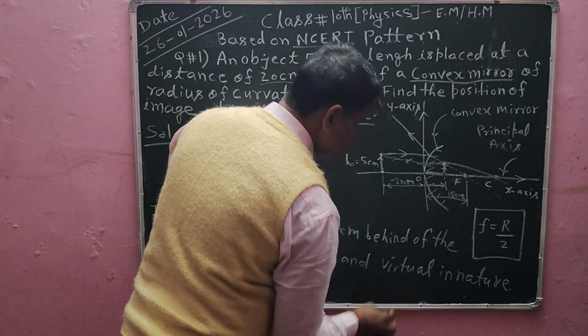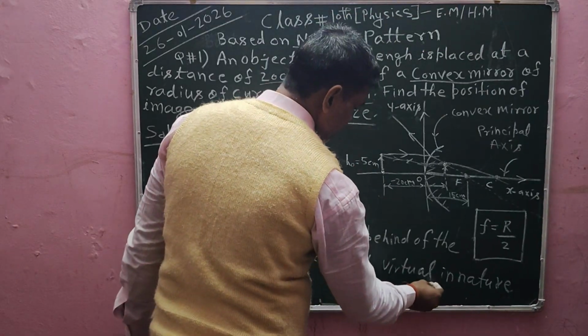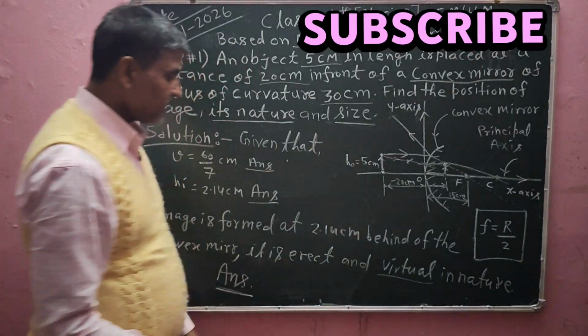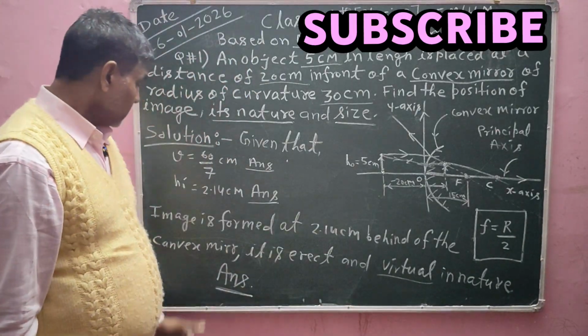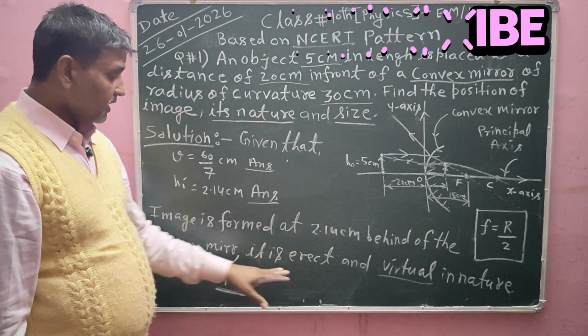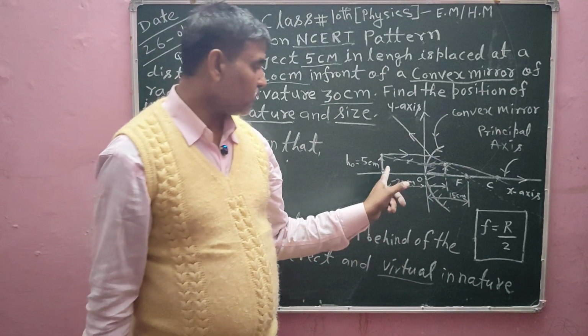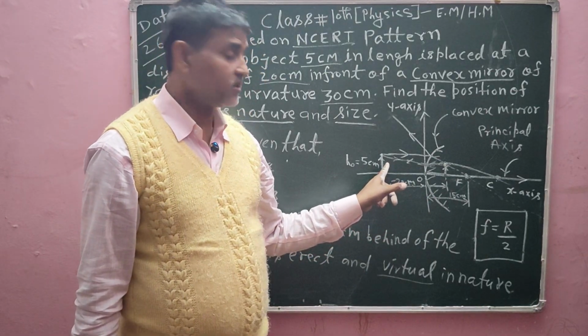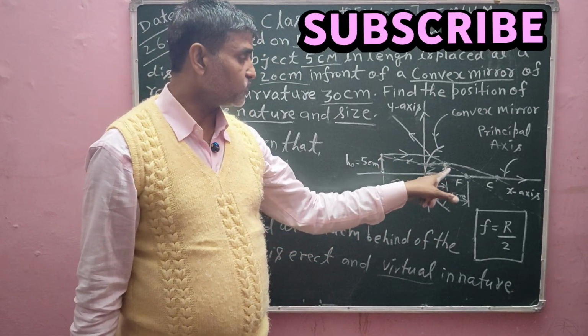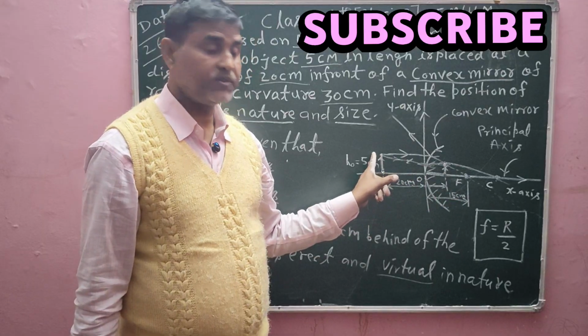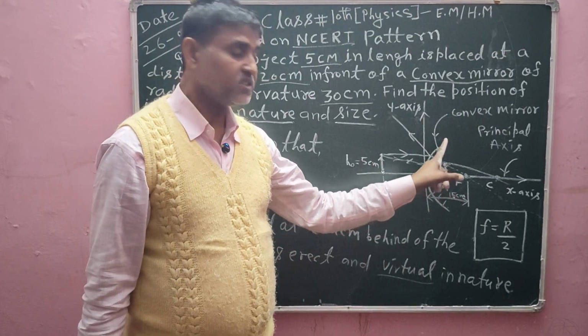I have got virtual in nature. So the image will be erect because the head of the object is upward, and the head of the image is also upward.